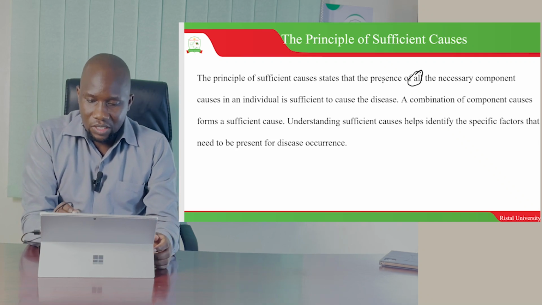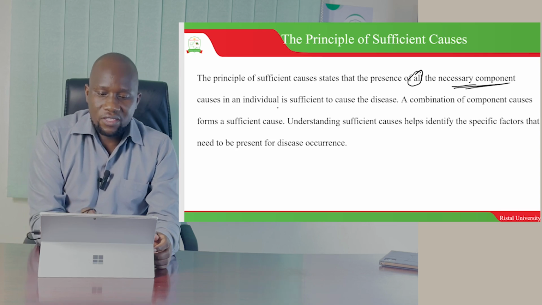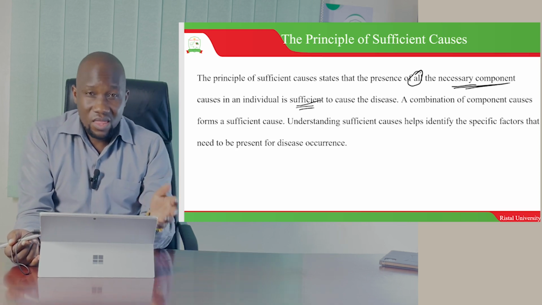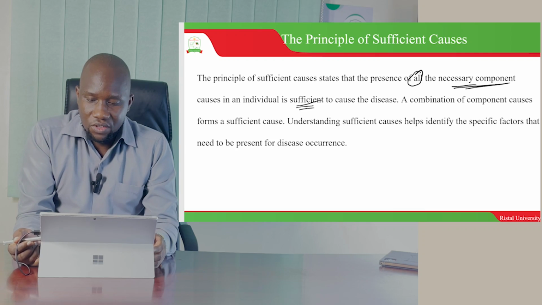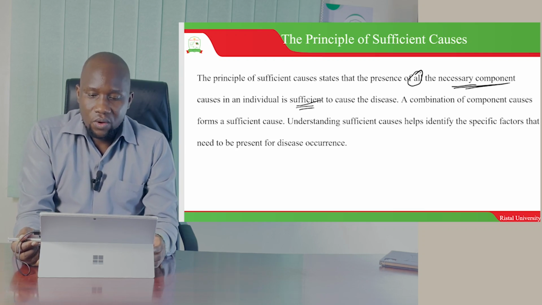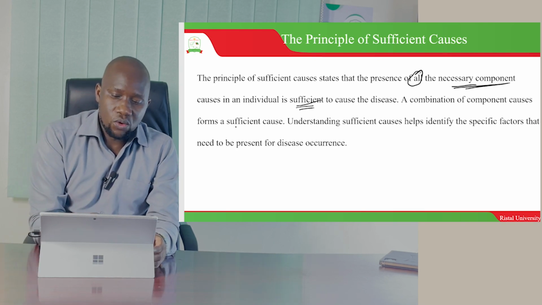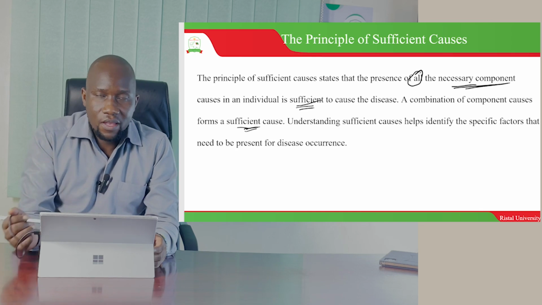All these necessary components should be there in sufficient levels for the disease to happen. Okay? So a combination of component causes forms what we call a sufficient cause.